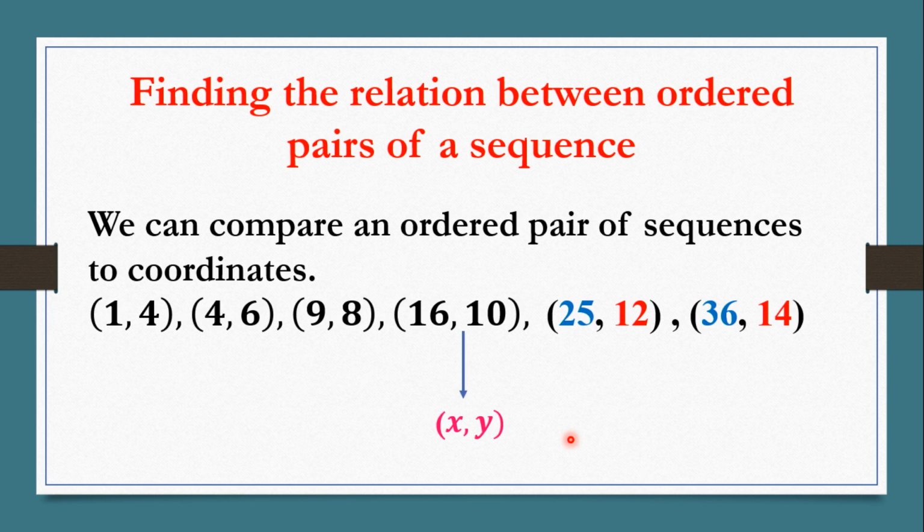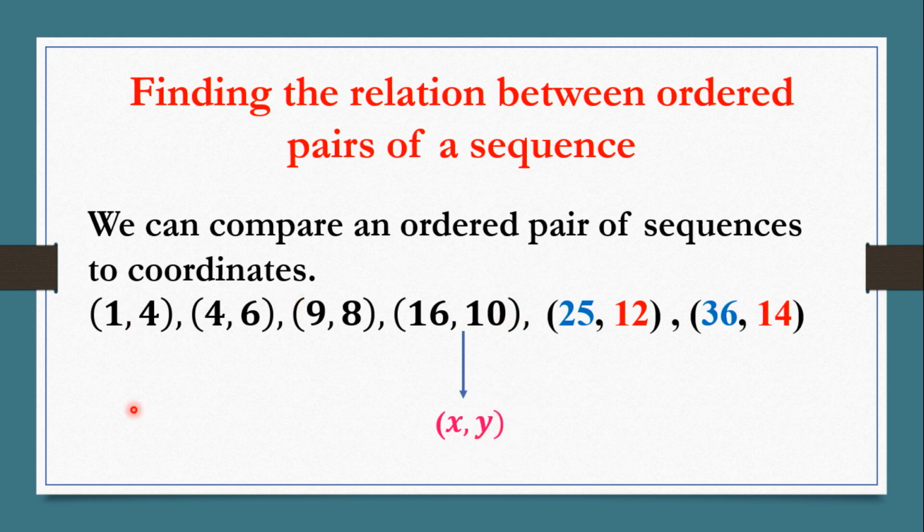Now we are going to look at how to find the relation between ordered pairs of a sequence. We can compare an ordered pair of a sequence to coordinates. Remember earlier I said the first values will be the x values, the second set of values will be the y values.